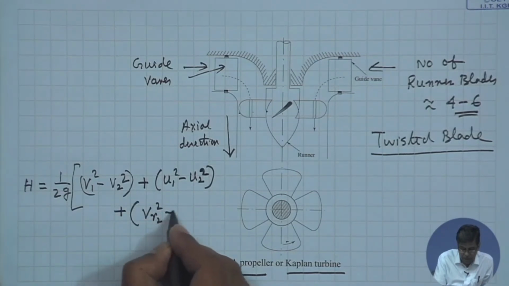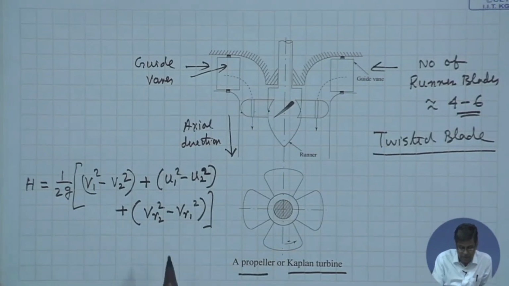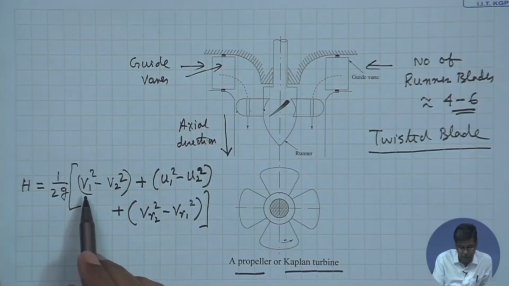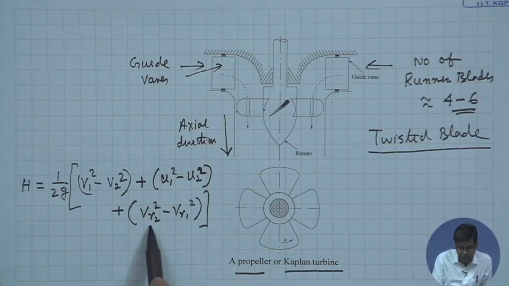If you recall this, at some beginning sessions we discussed, where V1, V2 are the absolute velocities of water or fluid at inlet and outlet, U1, U2 are the runner blade velocities at inlet and outlet, and VR2, VR1 are the relative velocities of the fluid with respect to the runner at the outlet and inlet.